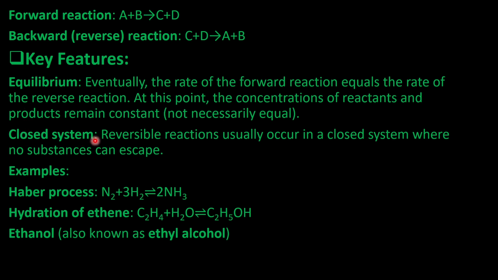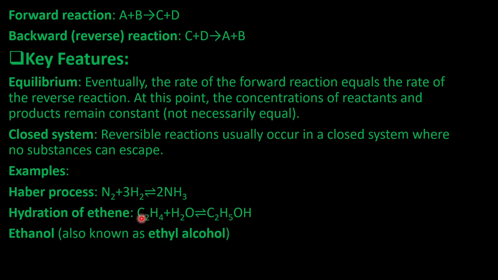A reversible reaction usually occurs in a closed system where no substances can escape. For example, the Haber process. When nitrogen reacts with hydrogen, it gives ammonia: N2 plus 3H2 gives 2NH3. It is a reversible reaction. Another example is the hydration of ethene.